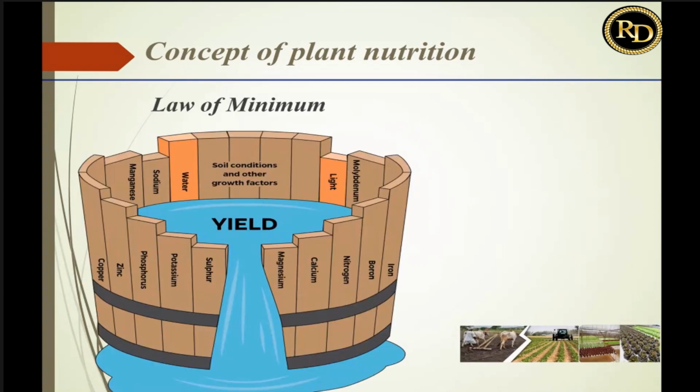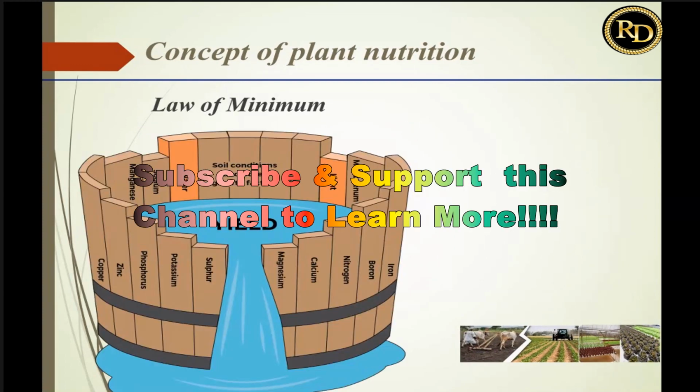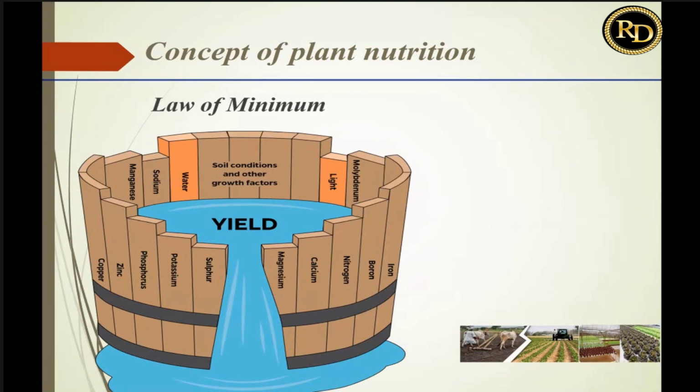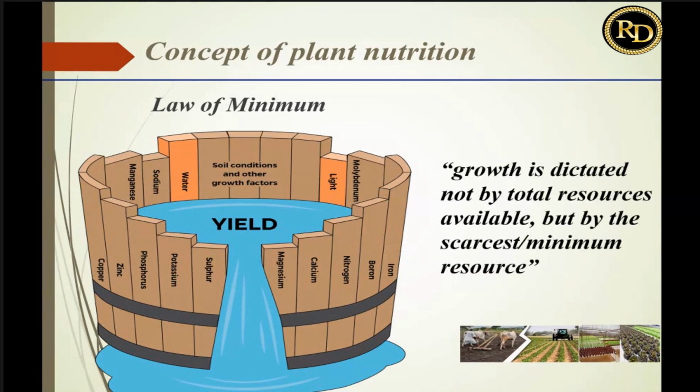The second concept which, as a grower, you must know is the law of minimum. So what is that? If we need to be an efficient grower, in hydroponic or traditional farming or any other farming, the bottom line is you need to achieve the highest productivity.